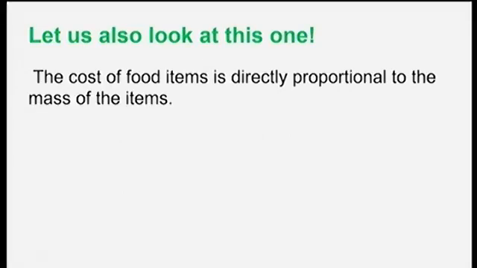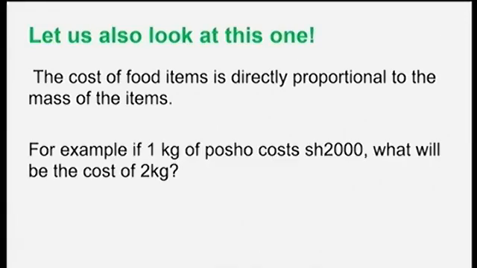The cost of food items is directly proportional to the mass of the items. For example, if you went to a shop, 1 kilogram of posho costs 2,000 shillings.